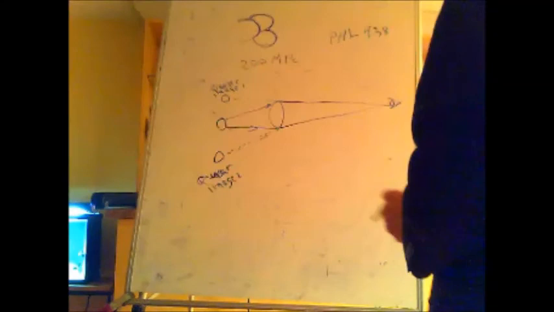The light coming out of the quasar is going to be bent. It sort of goes like that, and then this line here is our line of sight. The light is bent around here to our eye, and so what we see is the quasar over here. So this is, let's say, quasar image 2, and here's the actual quasar, and then we have the same thing happening over here.